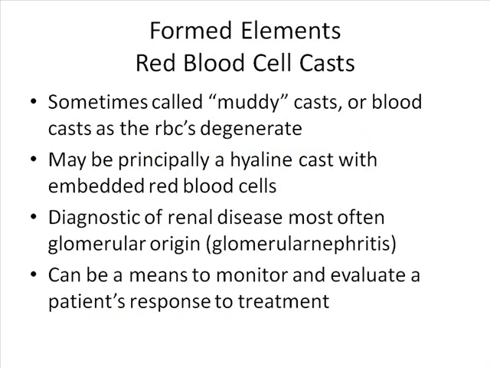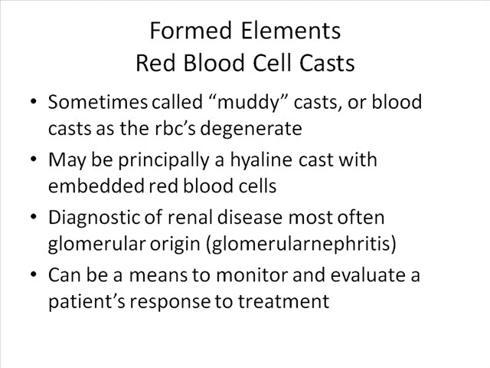All right, now your red blood cell cast is that cast that is basically made up of that hyaline matrix. But the deal is that red blood cells are embedded in the tubule. All right, so it gives you that RBC cast, or that muddy looking cast, because as that cast goes through the tubule, those red cells then kind of degenerate, but they are stuck on that cast and give it that muddy or tinged red look.